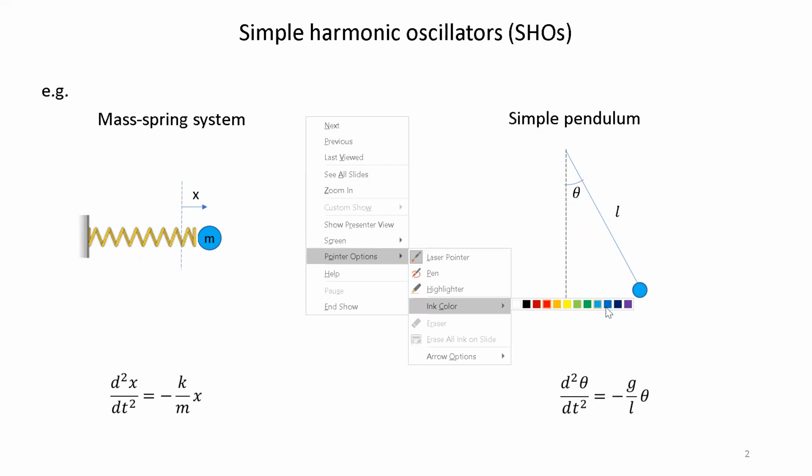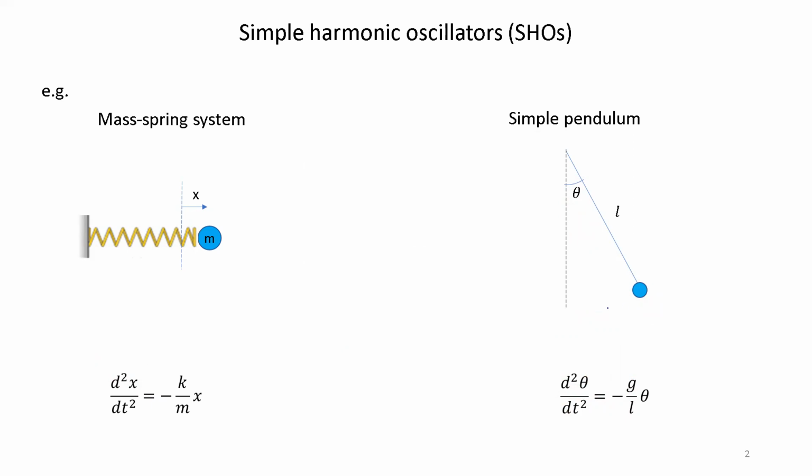They are the sine and cosine functions. Because as we have learned in the last semester, this is d squared x dt squared plus k divided by m x equals 0. I hope that you still remember how to solve this differential equation. You get this characteristic equation, lambda squared plus k divided by m equals 0, and then lambda is equal to plus or minus i times the square root of k divided by m.